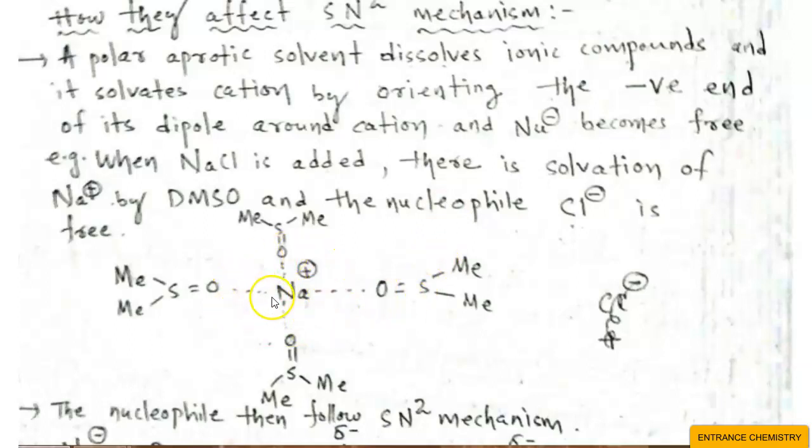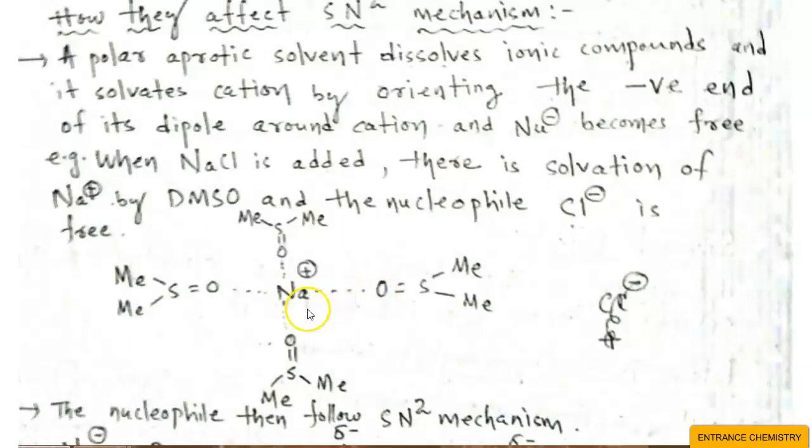Na plus ions from NaCl, and solvates the cation by orienting the negative end of its dipole. S double bond O, O is more electronegative than S, so O will carry partial negative charge and S will carry partial positive charge. So the negative end of the dipole is oxygen.